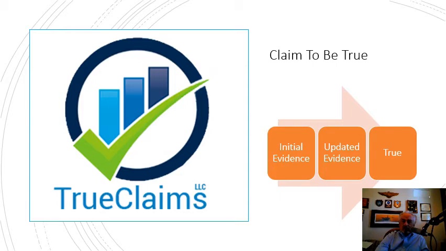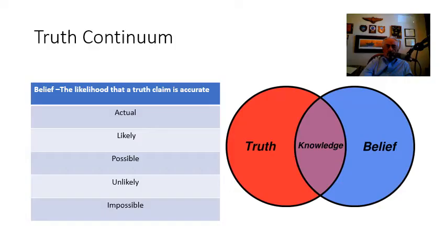That the environment that we're living in is not static, but it is dynamic. Therefore, we gather or we have acquired initial evidence, and then we update that evidence, and then we ultimately want to determine whether or not such and such is in fact true.